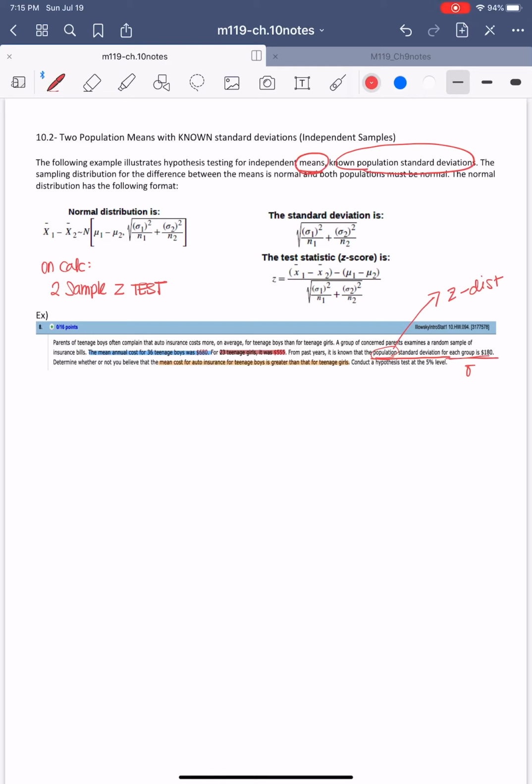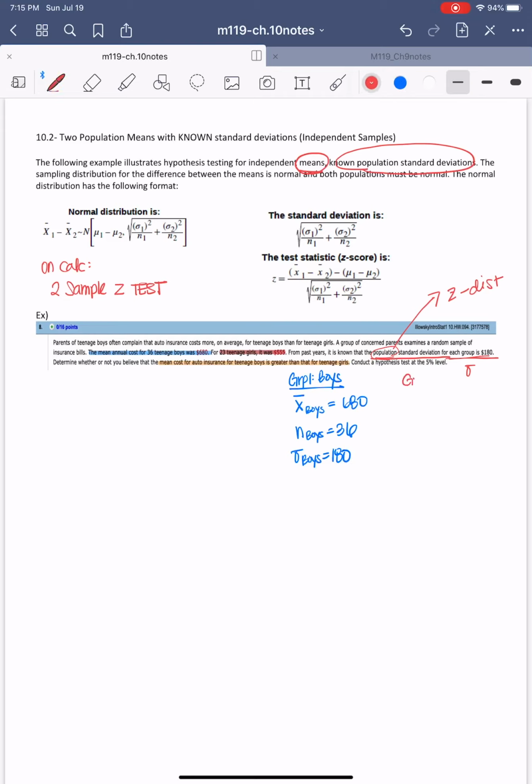So let's label all the information. Group 1, I'll do boys. And then what do I know about the boys? I know the mean for the boys was 680, the sample size for the boys group was 36, and the population standard deviation for the boys is 180.